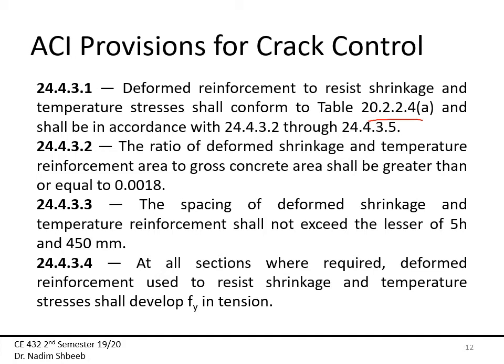The amount of longitudinal reinforcement that I need to use, the minimum, should be 0.0018 times the gross area, which is probably my shrinkage and temperature reinforcement. The spacing for this should not exceed the lesser of 5h and 450 millimeters, I mean h is the total height of the cross section.